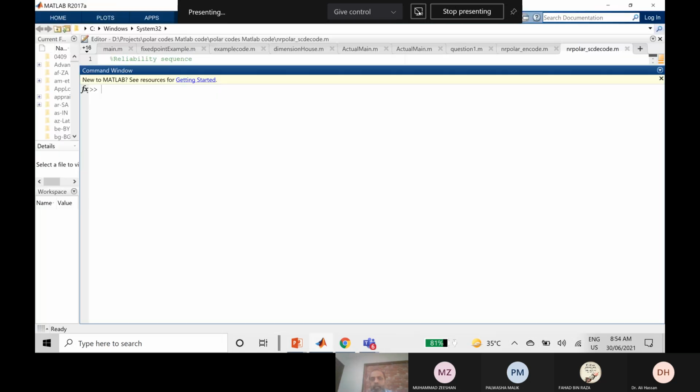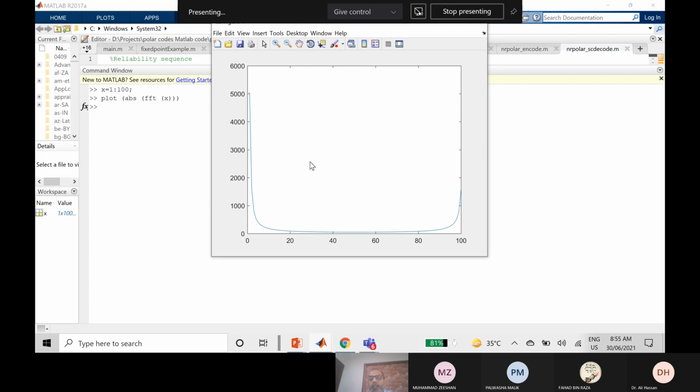In MATLAB, when you try to compute the Fourier transform, let's say x is equal to 1 to 100, and you compute plot of absolute FFT of x, it is actually not computing the discrete time Fourier transform.